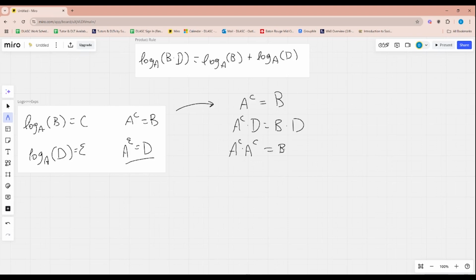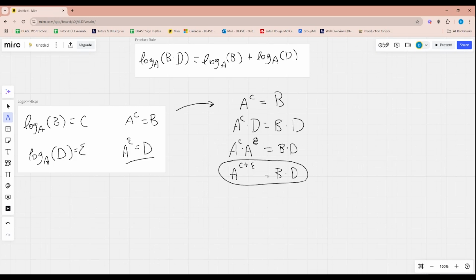And it looks like there's something I'm going to be able to do there. Sure enough, there is. In the previous video, we talked about the exponent rule quickly. The same thing applies here. So what's going to happen is it's going to be a to the c plus e is equal to b times d.